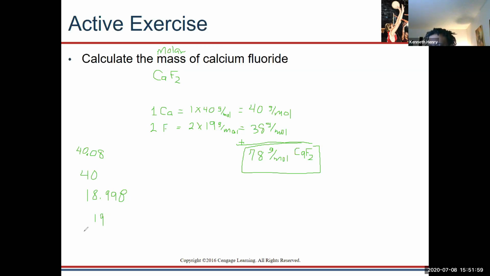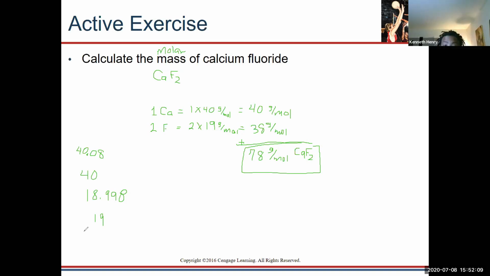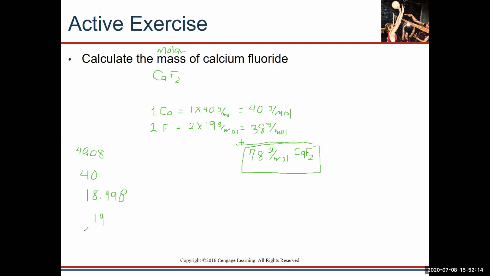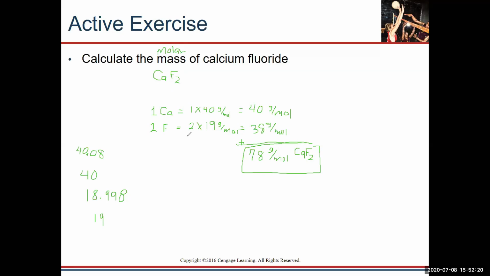Do you understand? And then 2 times 19 is 38. Why do I multiply it by 2? How many fluorines do I have? Oh, okay, got it.